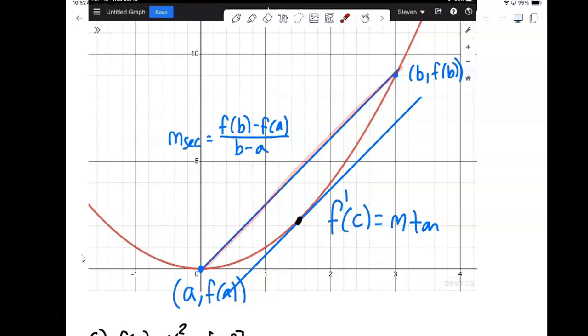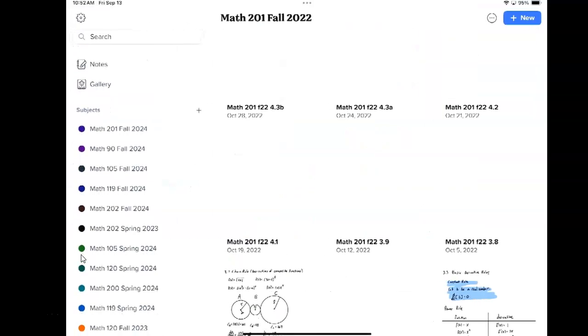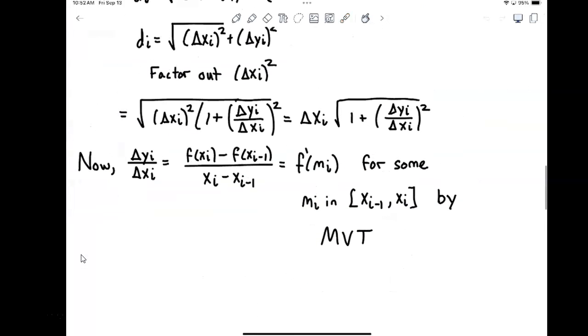Okay, that allows us to now transition from this ugly delta yi over delta xi stuff.